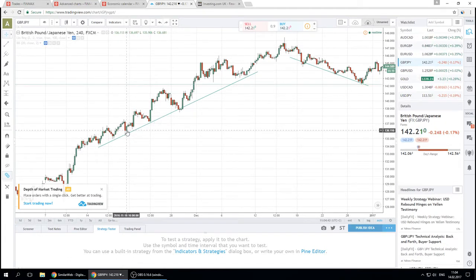So the best approach here is to wait until the price reflects from the trend line and goes up. You see that it approached here, reflected, started to go up. It approached here, reflected, started to go up. And each time the same.